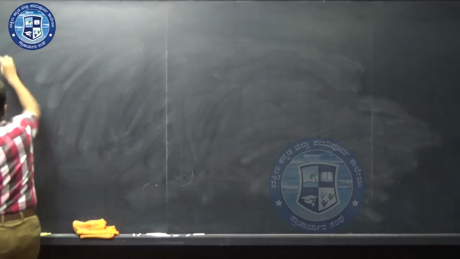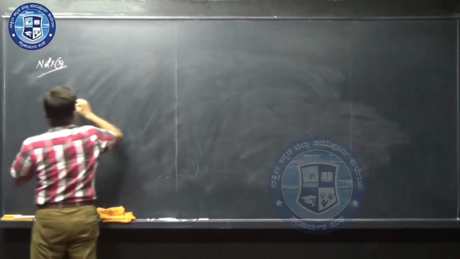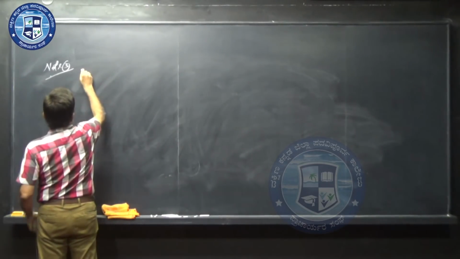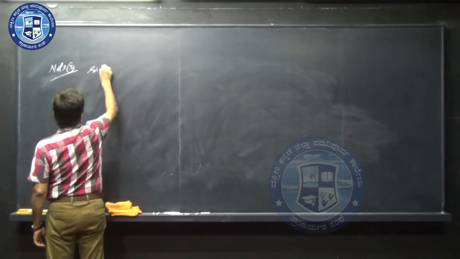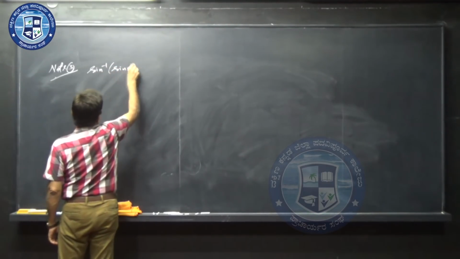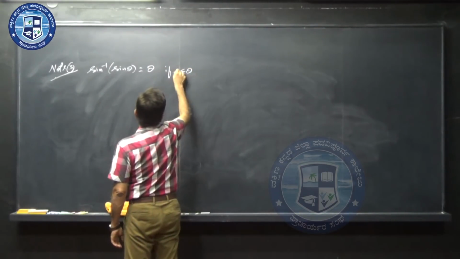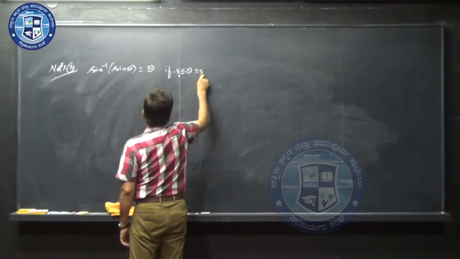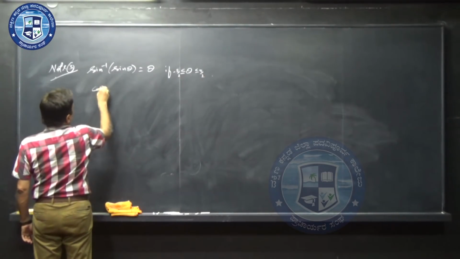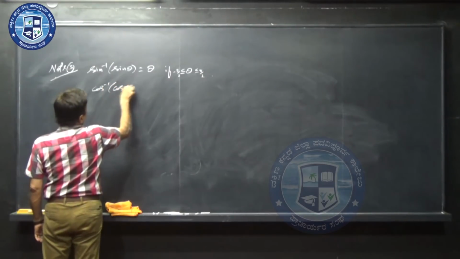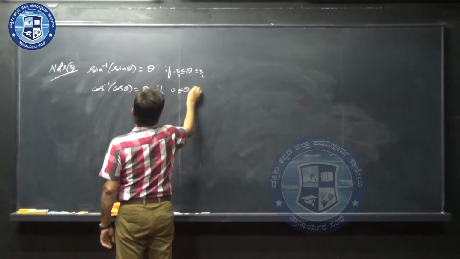Note 3. We already got sine inverse of sine theta equals theta if theta lies between minus pi by 2 and plus pi by 2. Then cos inverse of cos theta is equal to theta if theta lies between 0 and pi.